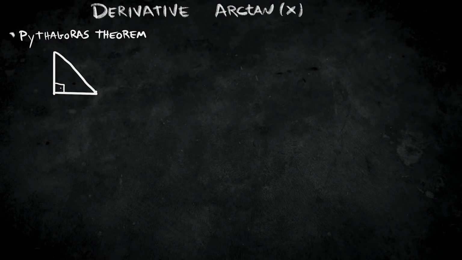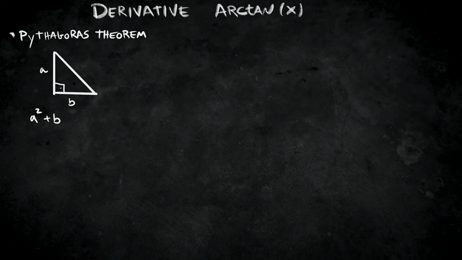So, assume you have a right triangle. Let's call a and b the sides of the triangle that are not the hypotenuse. The hypotenuse is the side opposite the right angle. Right triangle means one of the angles is 90 degrees.